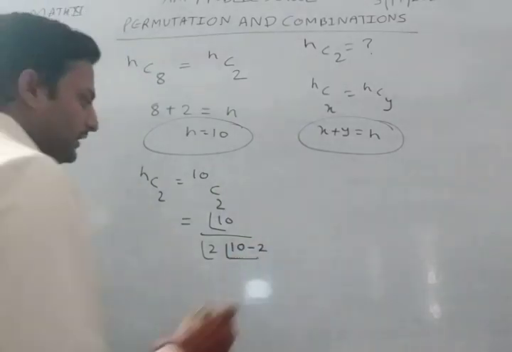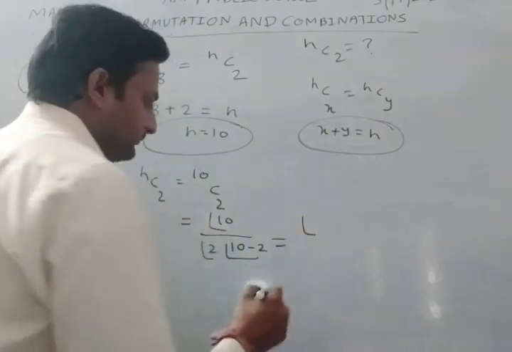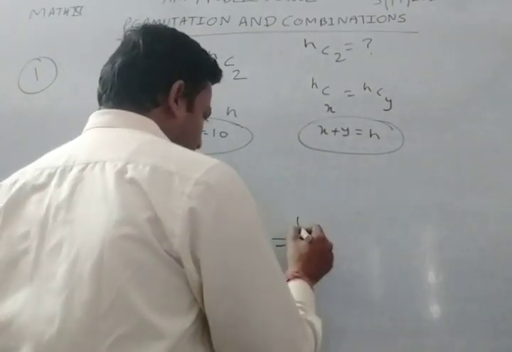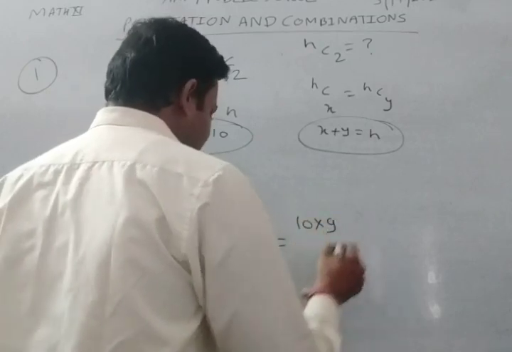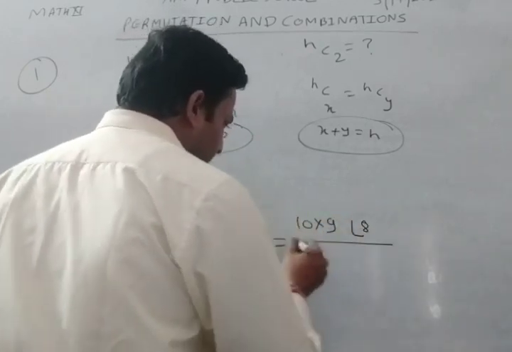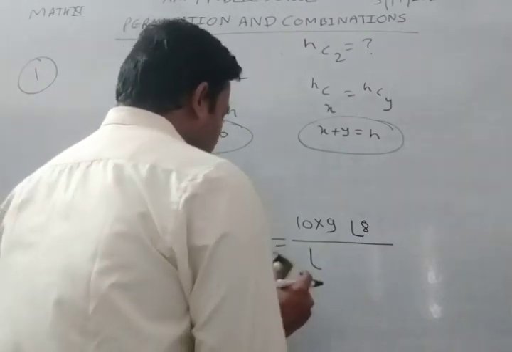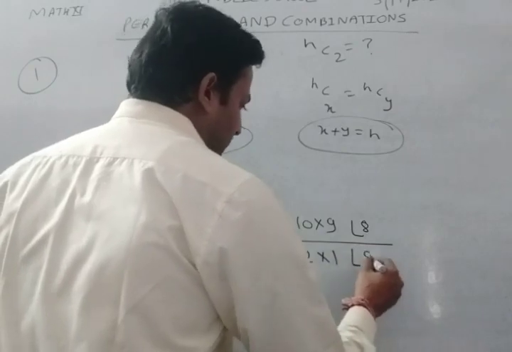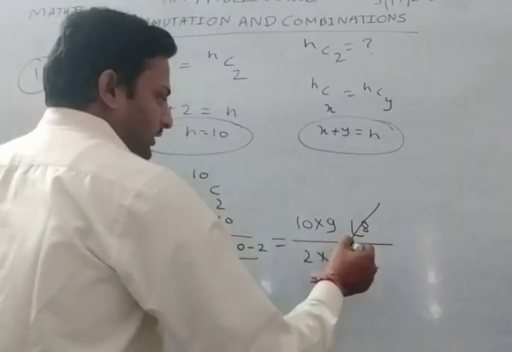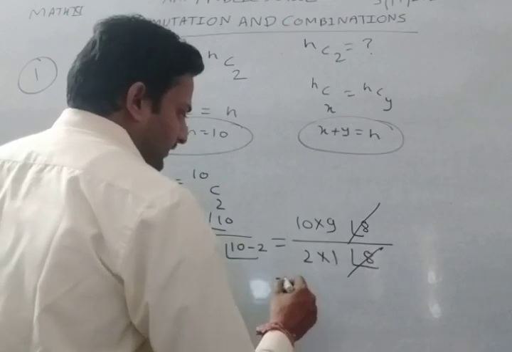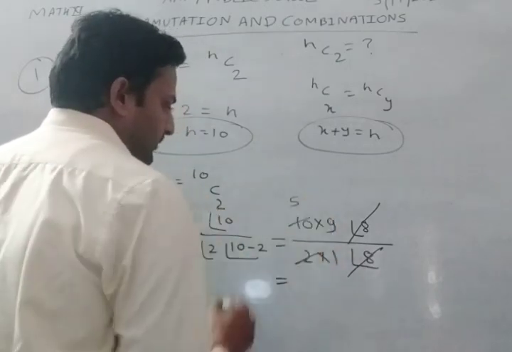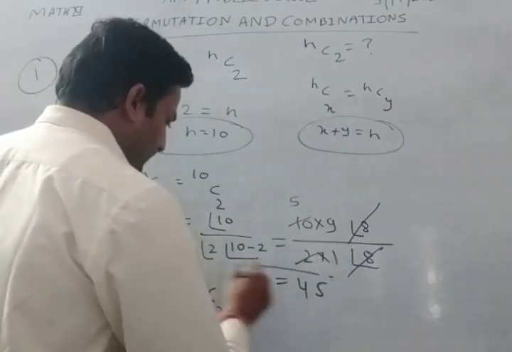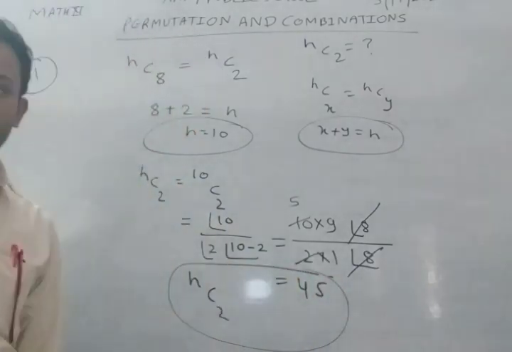Now factorial 10 is 10 into 9 into factorial 8, divided by factorial 2, which is 2 into 1, and here we get factorial 8. Factorial 8 and factorial 8 will cancel, and this cancels 5 times. So our nC2 is equal to 45.